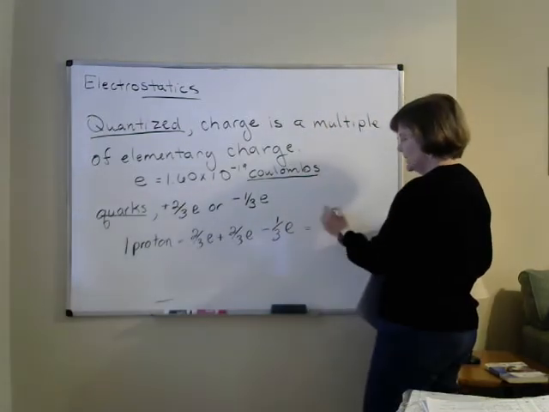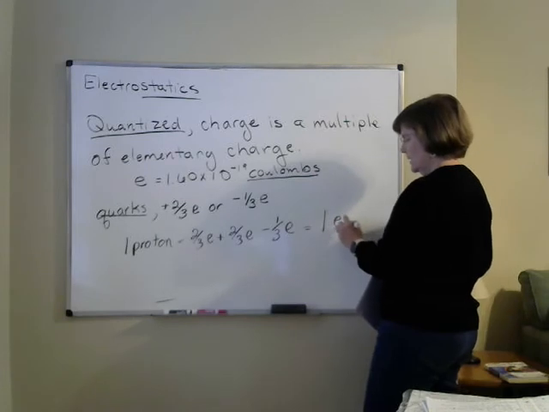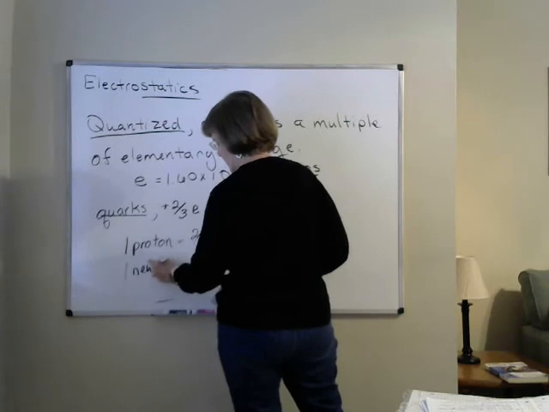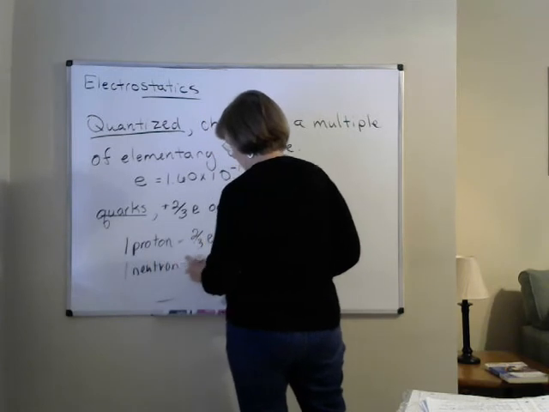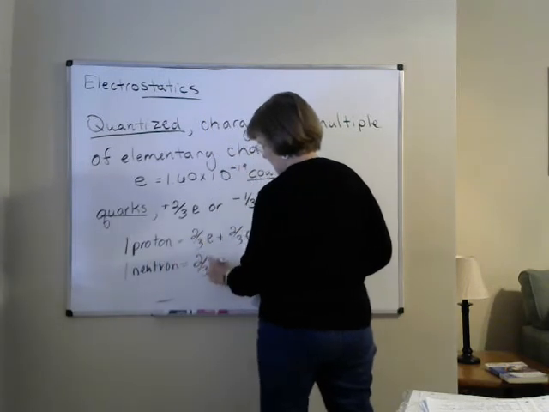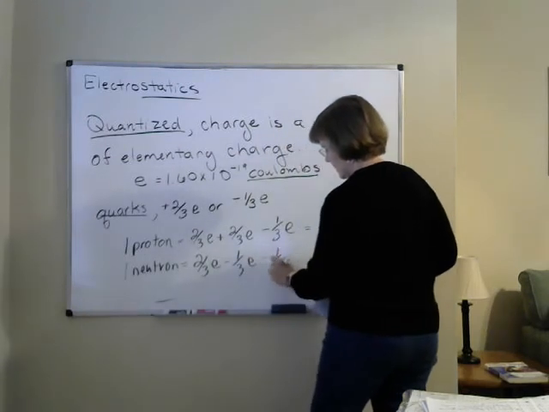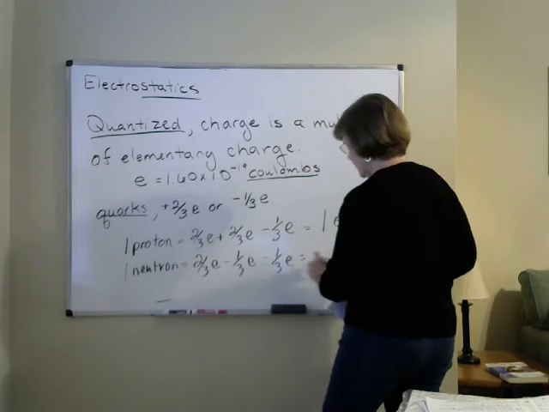So, of course, it has a positive 1 E. One neutron has 1 up quark and 2 down quarks, so it's neutral.